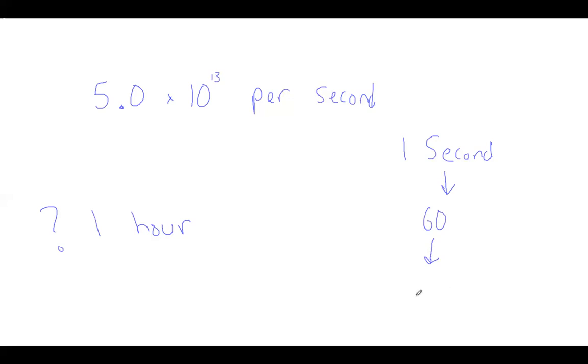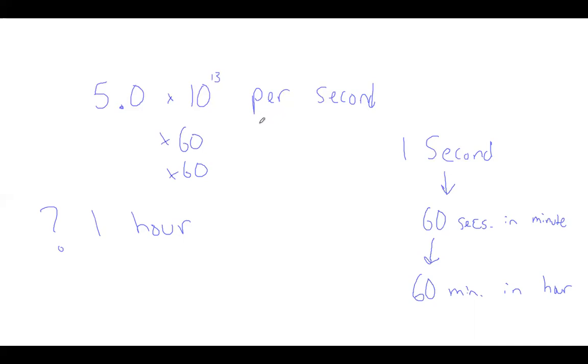Also 60, right? 60 seconds in 1 minute, and then 60 minutes in 1 hour. So I have to take this number and multiply it by 60 to get it in terms of minutes, and then multiply it by 60 again to get it in terms of 1 hour.